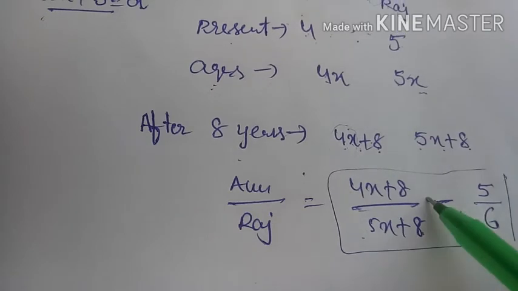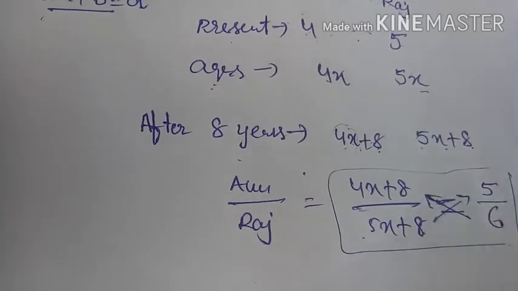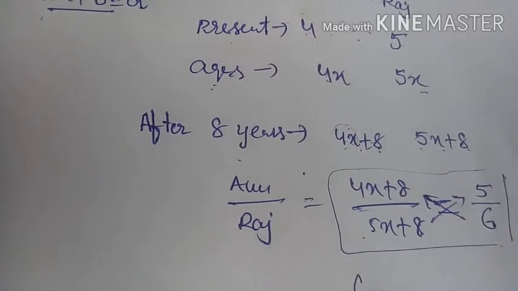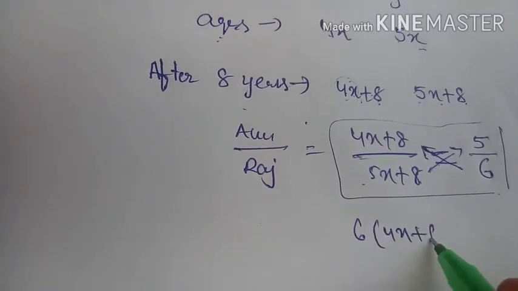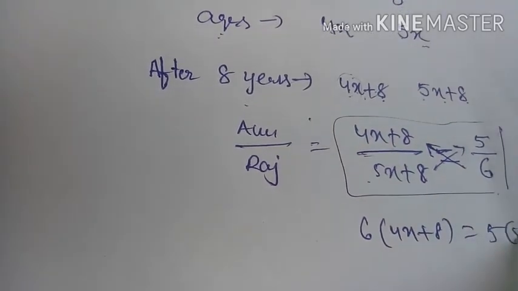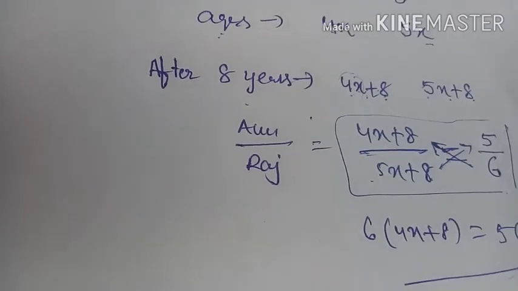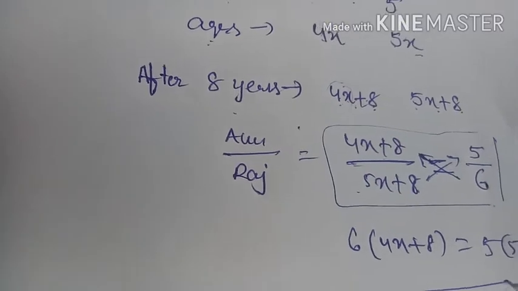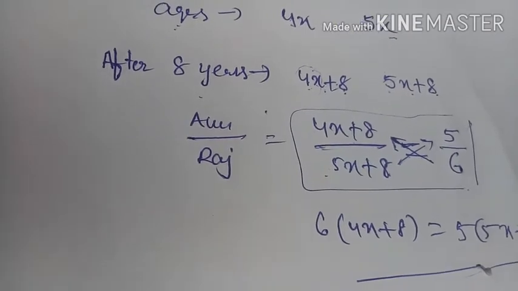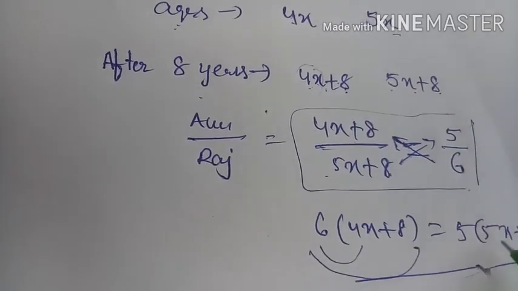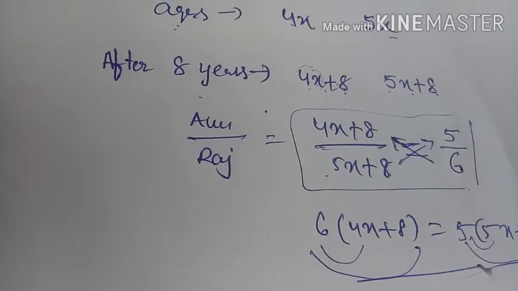So now we have to do cross multiplication: 6 into 4x plus 8 is equal to 5 into 5x plus 8. In this way we reduce it to linear form and find the unknown value. Clear? Yes or no? Multiply, then you will get the x value.